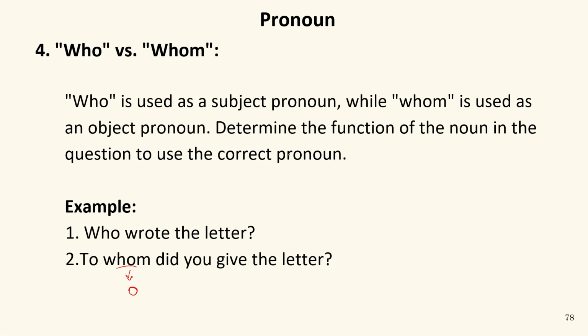To whom did he give the letter? So to whom is asking about that particular person who is receiving that particular thing or that action. That is why to whom is an interrogative pronoun that suggests the object.